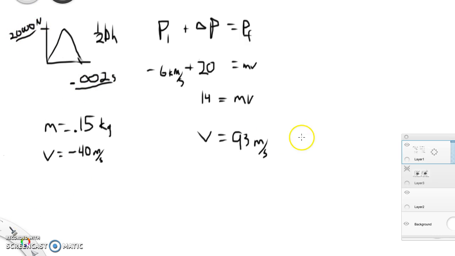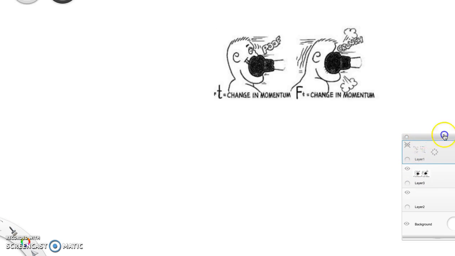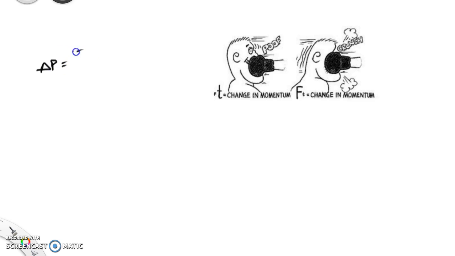All right. One last thing I want to point out for impulse is this. Remember that impulse is equal to our change in momentum. So change in momentum is equal to F times T. Okay, and this is applicable in collisions.